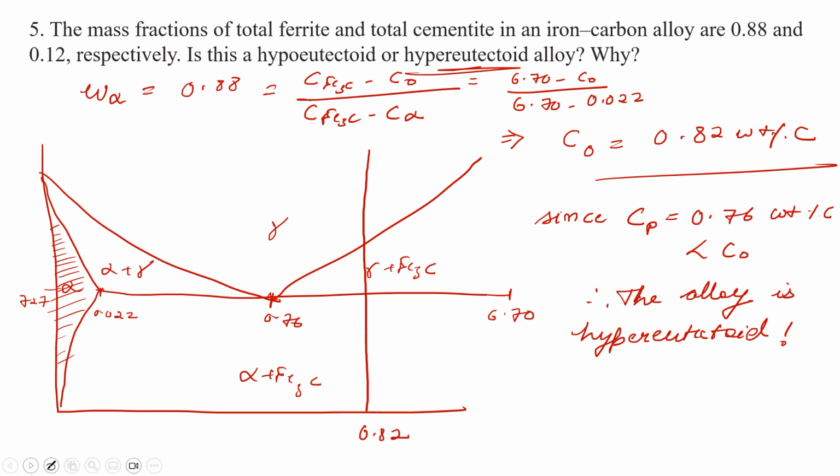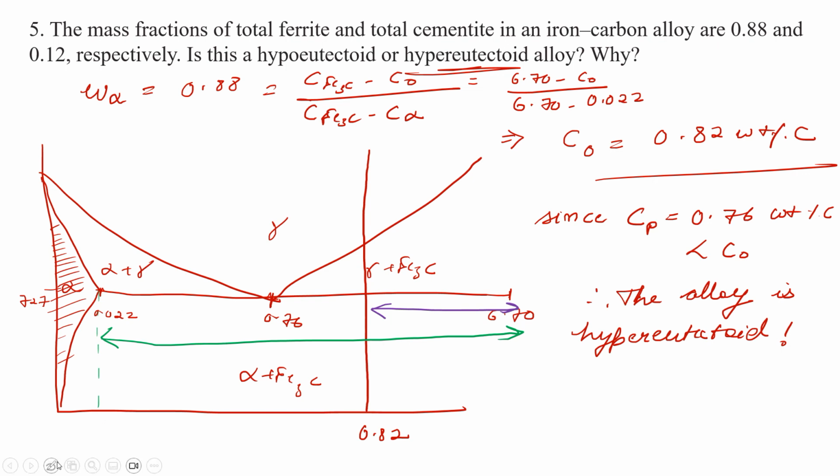So the alpha fraction can be given by this divided by this. This is what we employed. We can also employ this for the cementite. Cementite will be nothing but the complement of it.